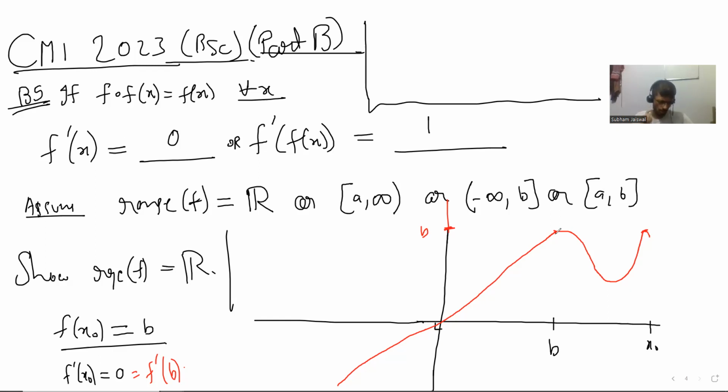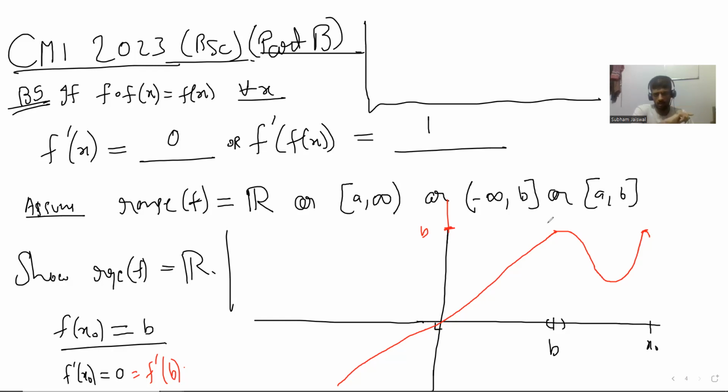No, sorry. One minute. So let us think. f of B is equal to B, and then in this neighborhood it is decreasing, and the derivative is 0, right?